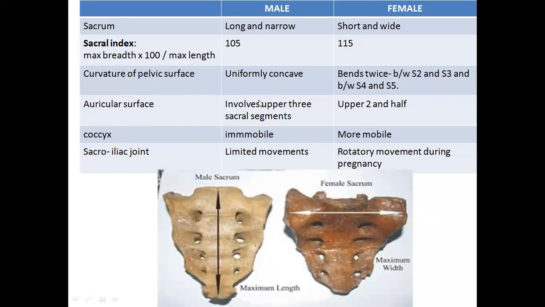The auricular surface in males involves the upper 3 sacral segments, whereas in females it involves the upper 2.5 sacral segments. The coccyx is immobile in males and more mobile in females. The sacroiliac joint has limited movements in males, and in females you see rotatory movements during pregnancy.